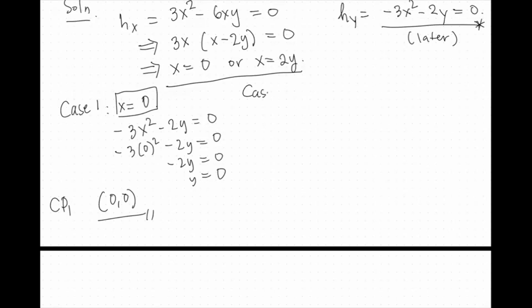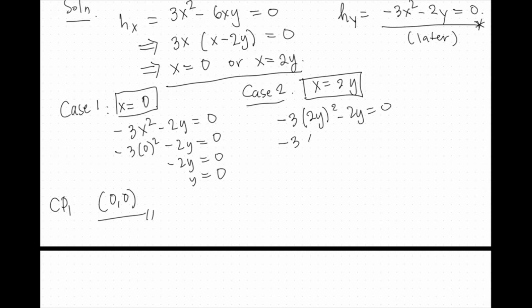Now, we go to case number 2. Case number 2 is x is equal to 2y. All right, we will substitute this: negative 3 times (2y) squared minus 2y is equal to 0. Here we get negative 3 times 4y squared minus 2y is equal to 0. We get negative 12y squared minus 2y is equal to 0.